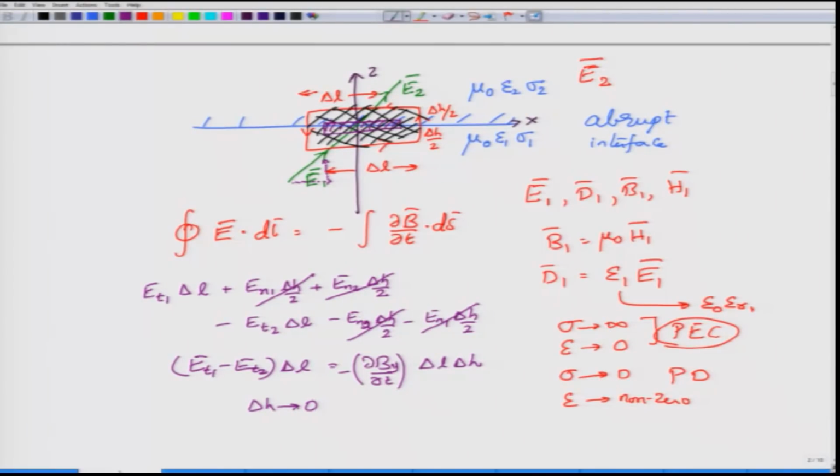As delta h goes to 0 and we assume the B fields are finite everywhere, the right hand side will be equal to 0, leaving the left hand side where delta L is non-zero. The only conclusion possible is that Et1 equals Et2, which is tangential electric field equals tangential electric field on the second medium as well.